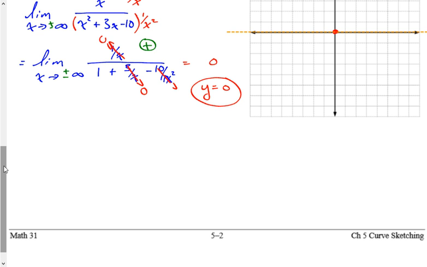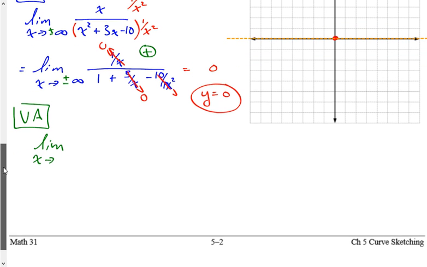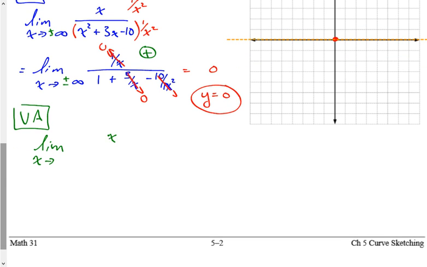So let's move on to the vertical asymptote. And we want the limit as x approaches something. Well, I need to factor my denominator.